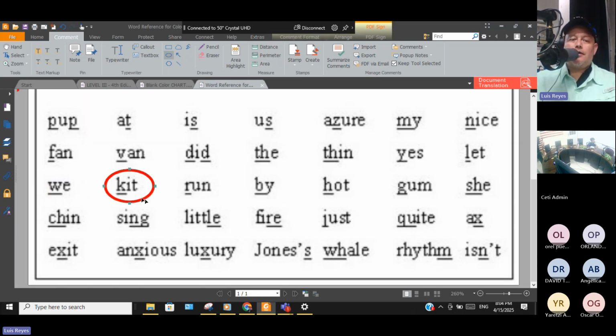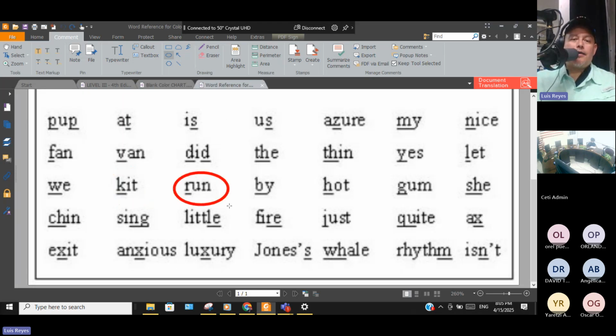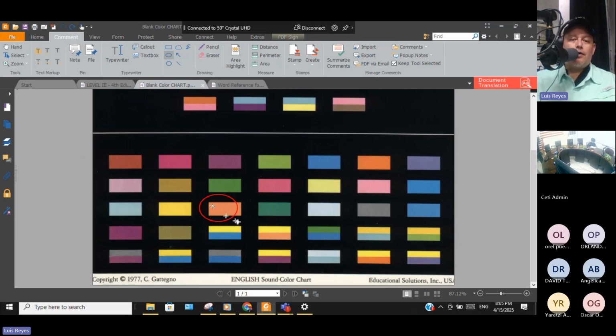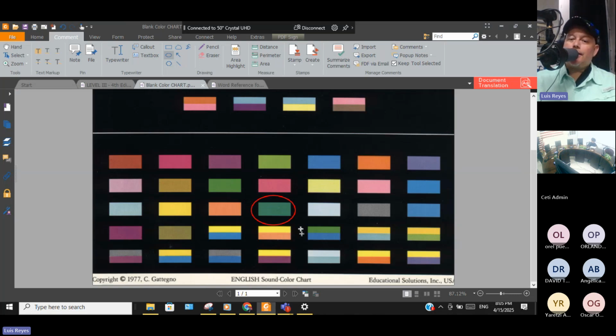Kit, K-I-T, on the color chart. Run, R-U-N, on the color chart. Buy, B-Y, on the color chart.